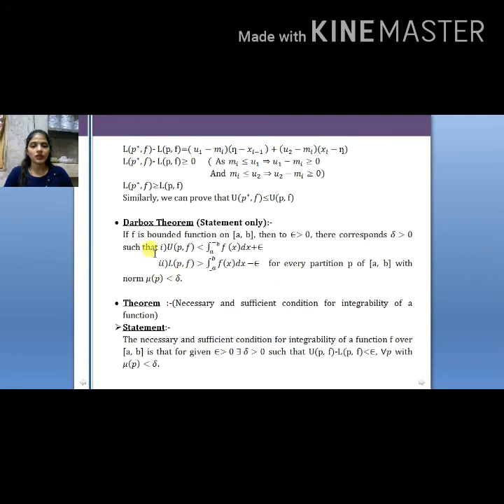This is the Darboux theorem. There is only the statement, and this statement is used in the next theorem.